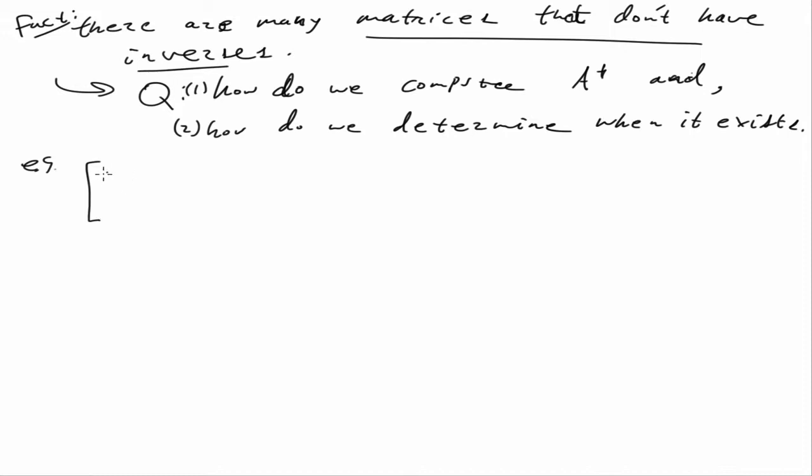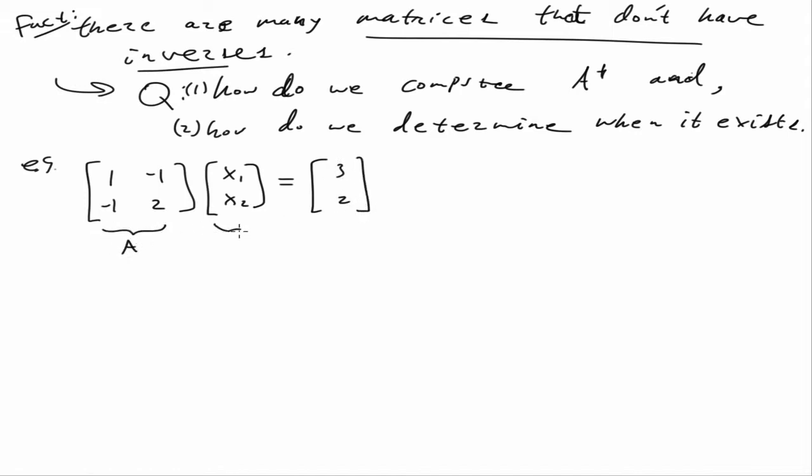We're going to start with a linear system. 1, -1 is the top row, and -1, 2 is the bottom row. We're going to have a set of unknowns, x1, x2, and I'll just say 3, 2 is the result. I'm going to call this matrix A, this vector X, and this vector B. The goal is to solve for X, that's the unknown.